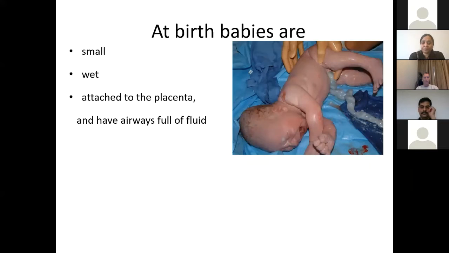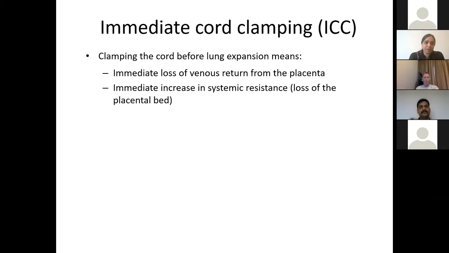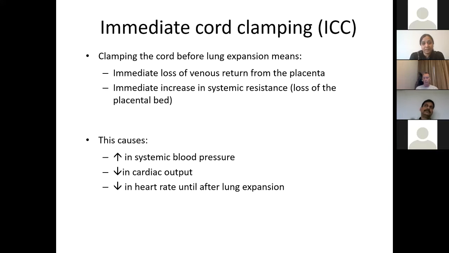When we do immediate cord clamping, so as soon as the baby is born, if you're clamping the cord and taking the baby away, what's happening? This baby suddenly gets an immediate loss of venous return from the placenta because we've cut that supply off. Because of that, you've got a drop in cardiac output and an increase in systemic resistance, so their blood pressure goes up.